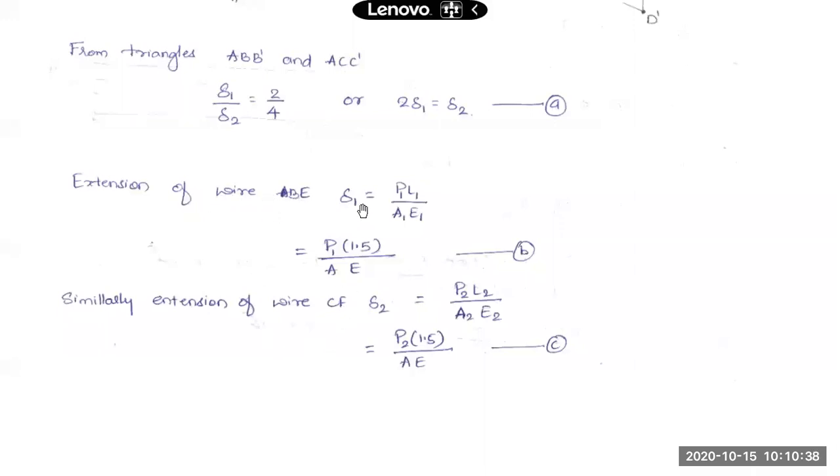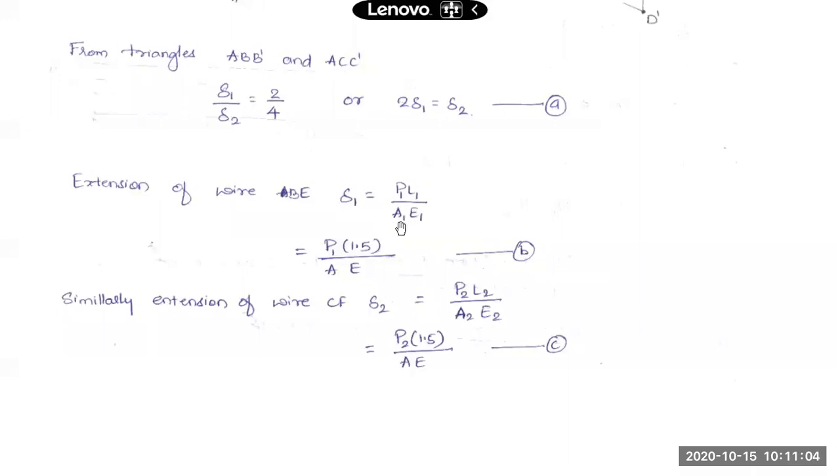So this delta 1, deformation in steel wire 1, that is BE, will be P1 L1 by A1 into E1. This is the force in the wire BE, L1 the length of wire BE, area of cross section of BE, and modulus of elasticity of BE.